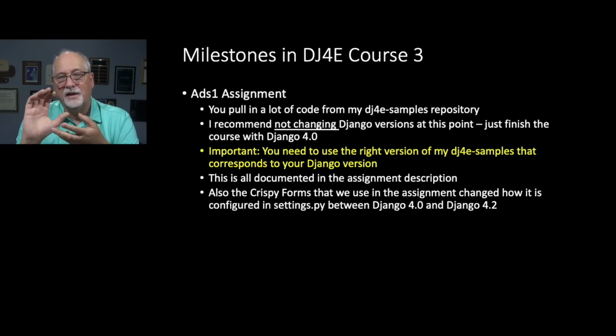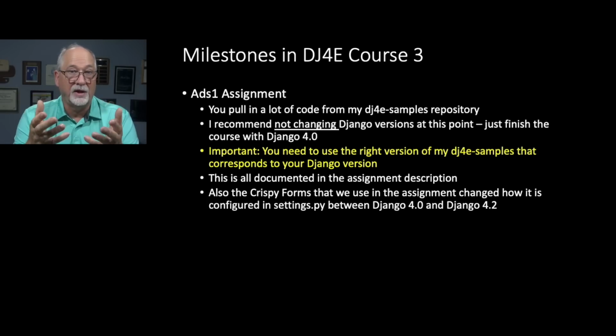But if you're in Django 4.0 and the sample code is Django 4.0, you'll copy settings.py and do all your stuff and you get the right thing. And if you're using Django 4.2 and you get the sample code of 4.2, you'll get the right thing. For crispy forms, I talked through all those settings, so I had to make a different lecture for Django 4.2.